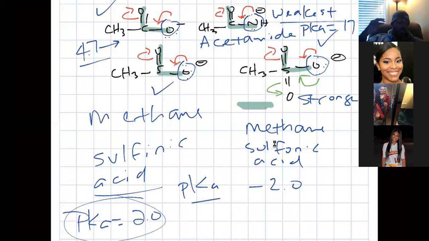Acetic acid is 4.7, and the sulfonic acid is around 2. That's still about 100 times more acidic, so that's a lot.